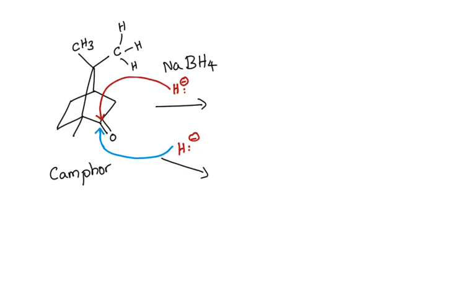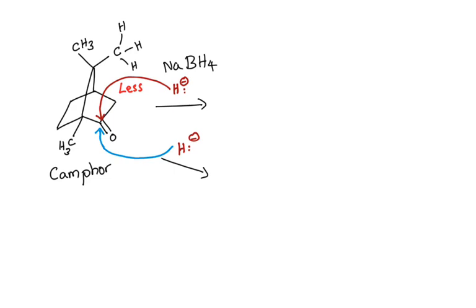So this is less favored compared to the bottom attack, less favorable. And this CH3 on here, it's not on the way, it's pointing in a different direction. It is not on the way of the hydride, so there is no steric hindrance.